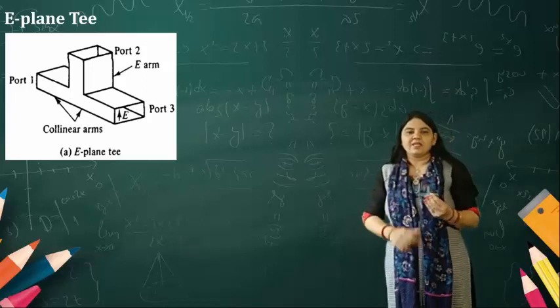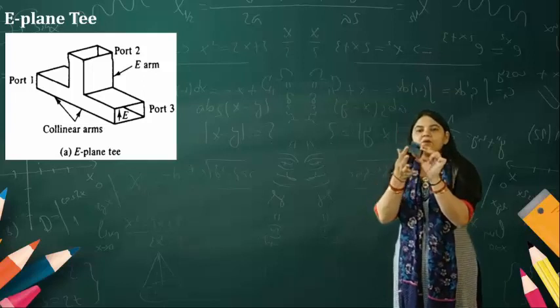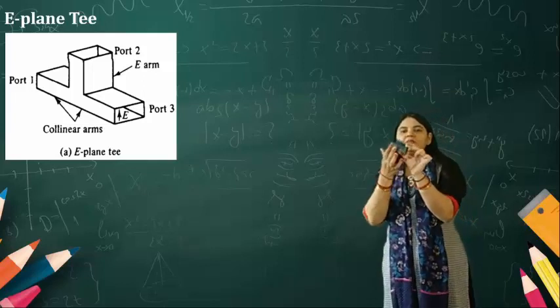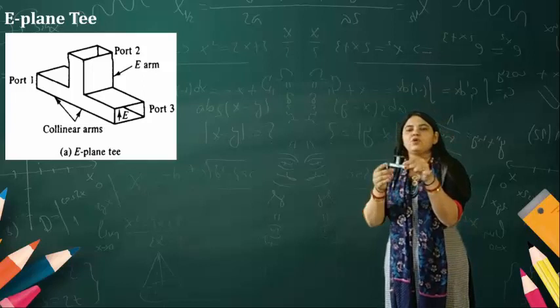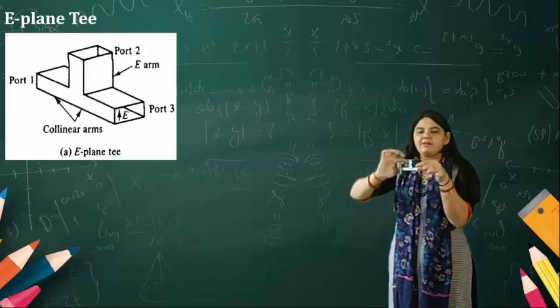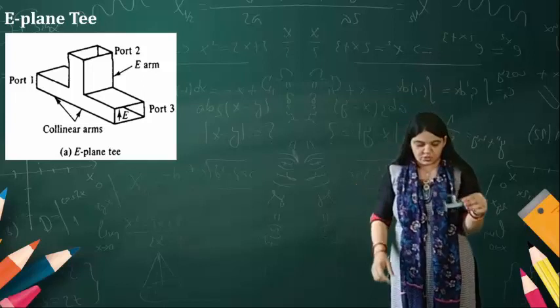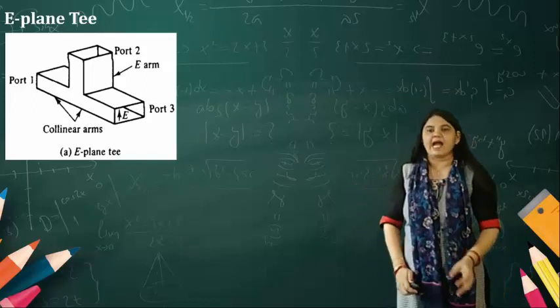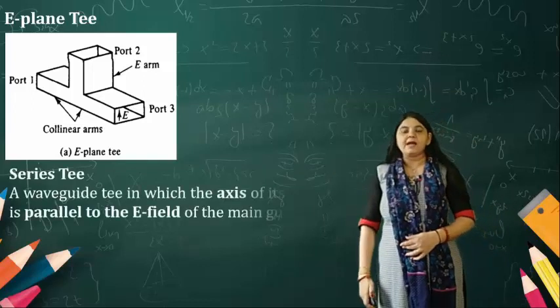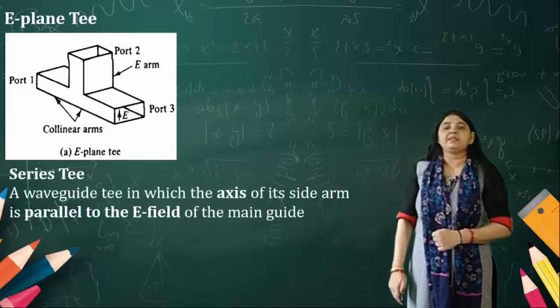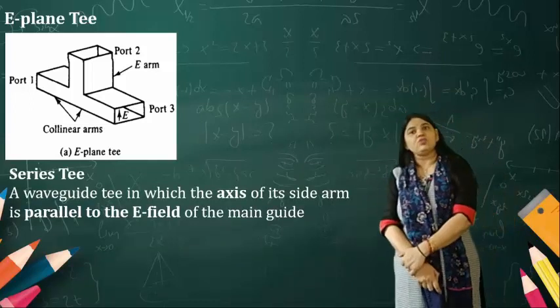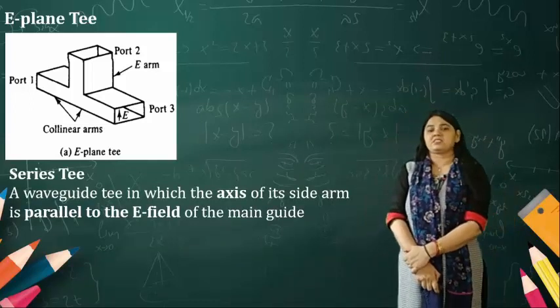Now this arm is known as the collinear arm, and this arm is considered to be a side arm. So collinear arm and side arm. The E-plane T is also known as the series T.